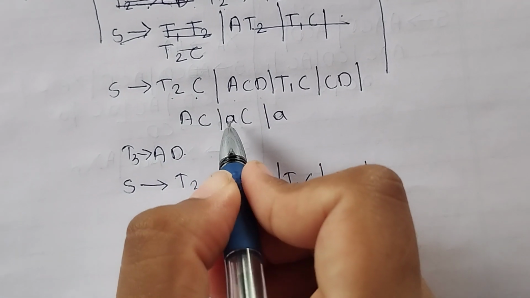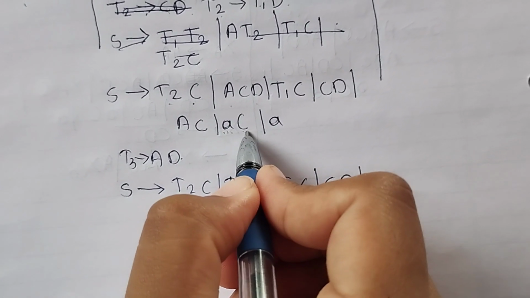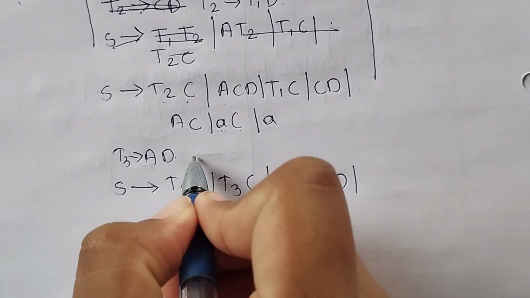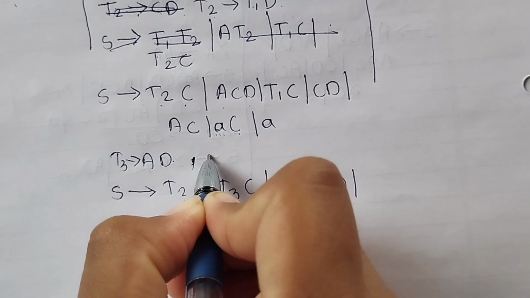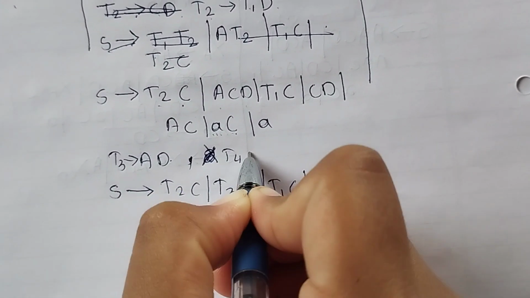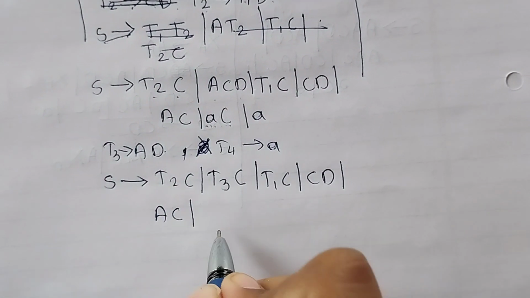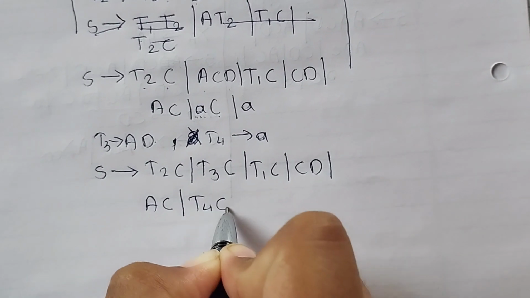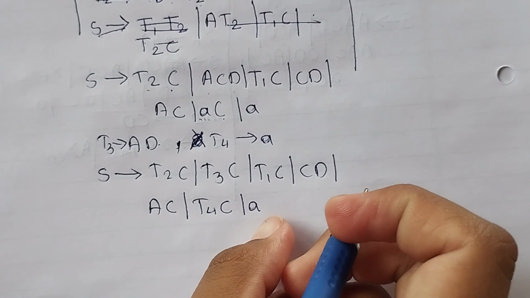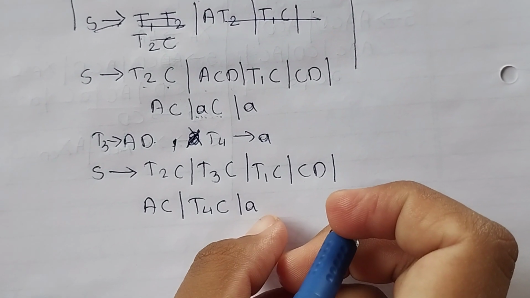Here in AC, a small letter and a capital letter are present, and we want two capital letters or a single small letter. So we assume T4 for the A, and we write T4C. This single A we write as it is, because a single small letter is acceptable, so we do not disturb this A.